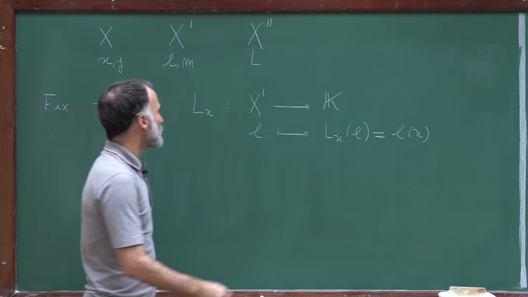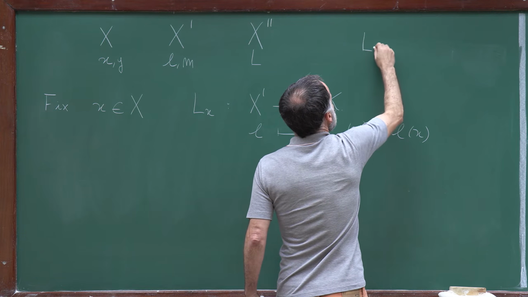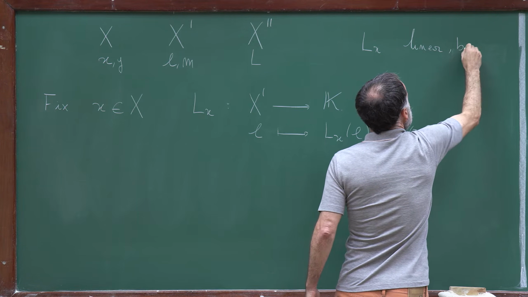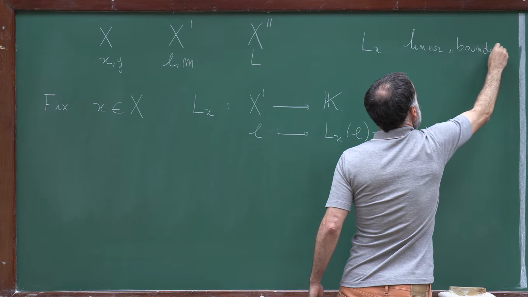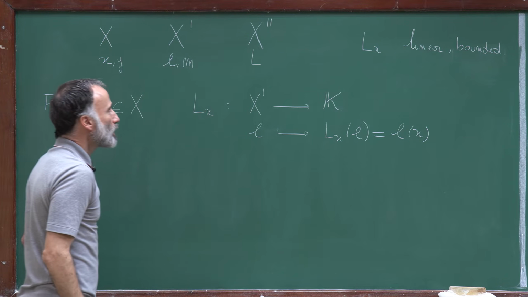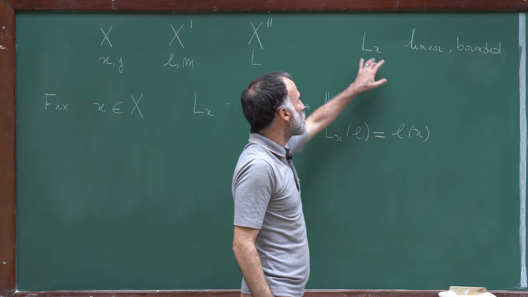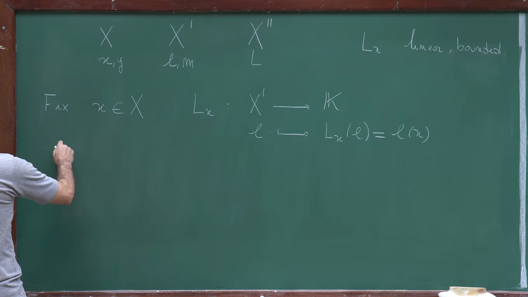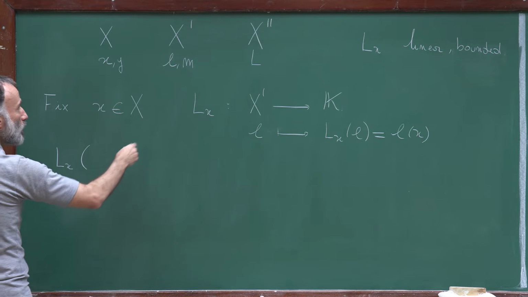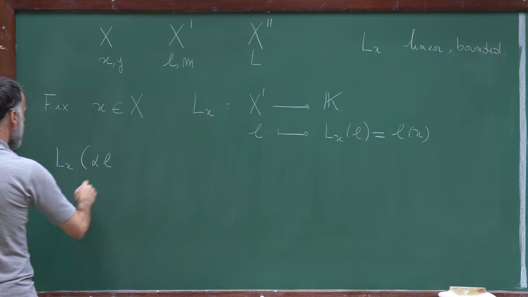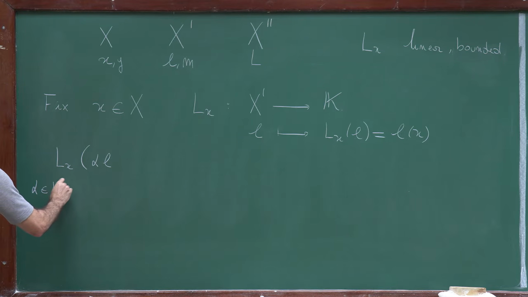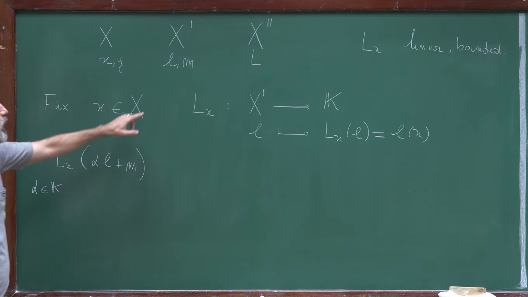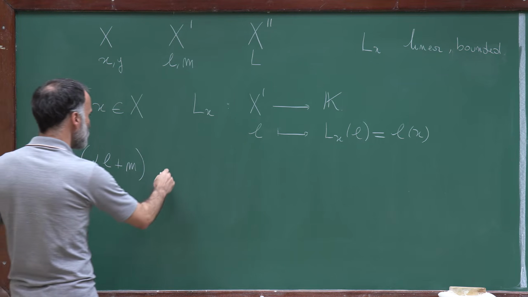So I claim that Lx is linear and bounded. And this is easy to check. So let's check. And then once I prove that it's linear and bounded, we will compute the norm of Lx. So to show that it's linear, we have to consider two elements. So alpha will be a scalar, and l and m will be elements of X prime, so bounded linear functionals.